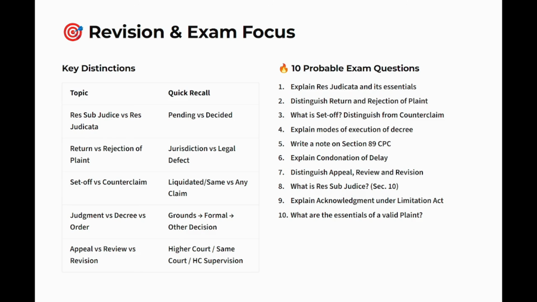Some important questions, go through these. At the end of this particular class on CPC and limitation, please read through these 10 questions: explain res judicata and its essentials; distinguish between return and rejection of plaint; what is set off; distinguish it from counterclaim; explain modes of execution of decree; write a note on section 10 of CPC; explain condonation of delay; distinguish between appeal, review and revision; what is res sub judice, that is section 10; explain acknowledgement under the Limitation Act; what are the essentials of a valid plaint.